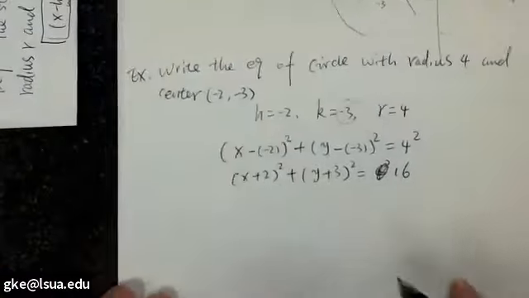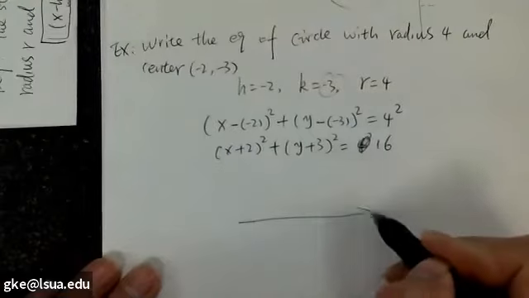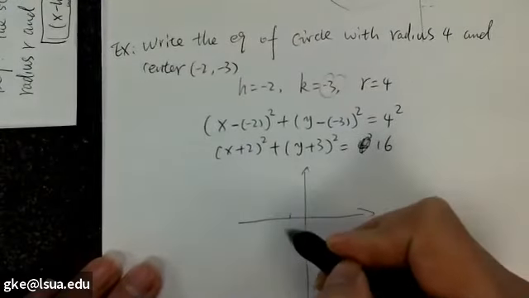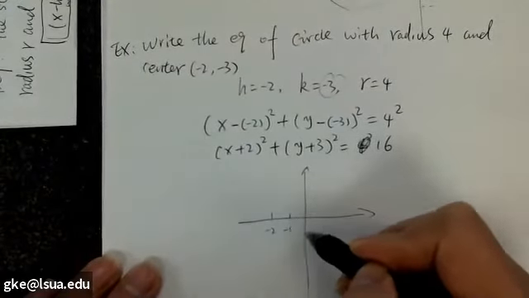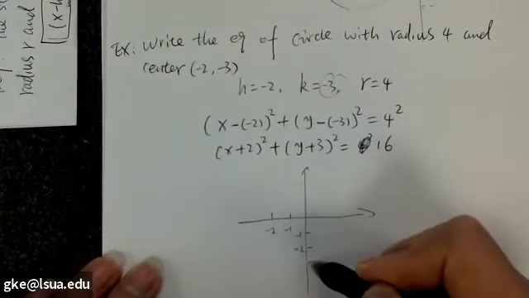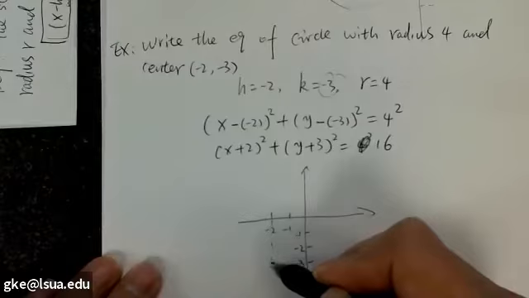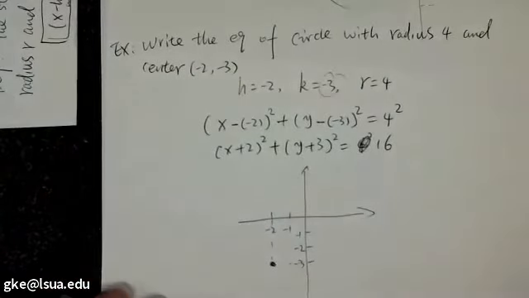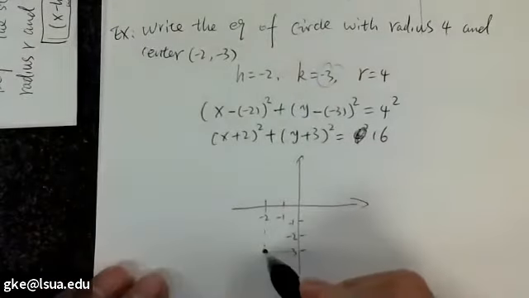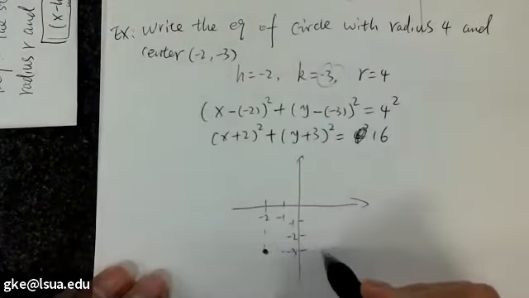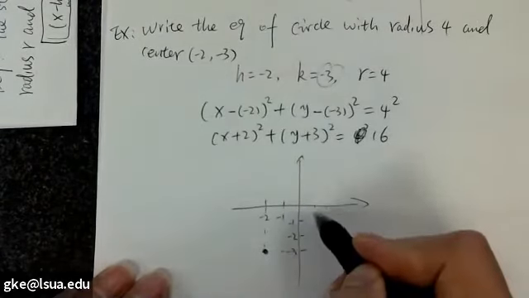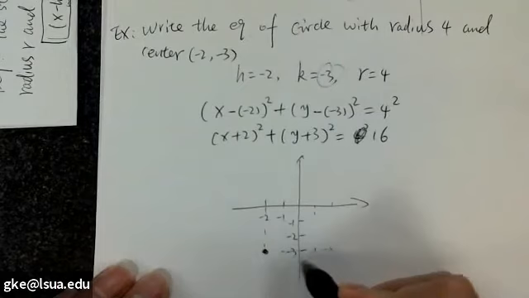Or you can draw a picture. You have the center that is -2, -3. It's here. And you have radius that is 4. So 1, 2, 1, 2.